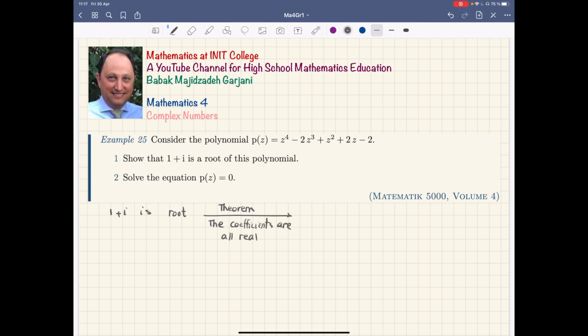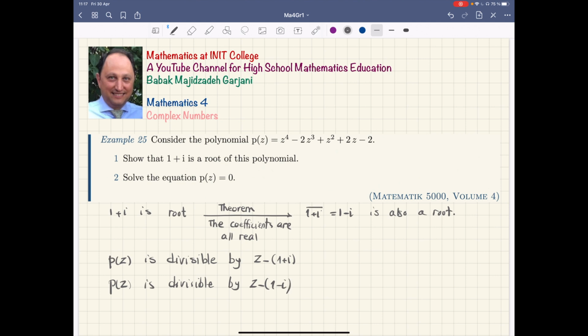I can conclude that 1 plus i bar, which is 1 minus i, is also a root. What is the next step? The next step is that P of z is divisible by z minus 1 plus i, and P of z is divisible by z minus 1 minus i.